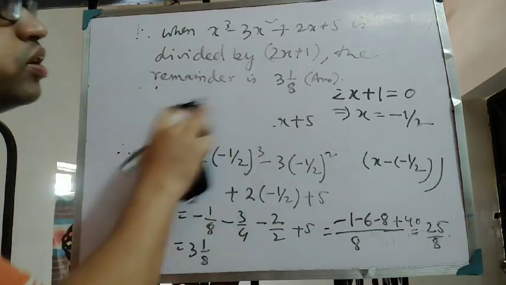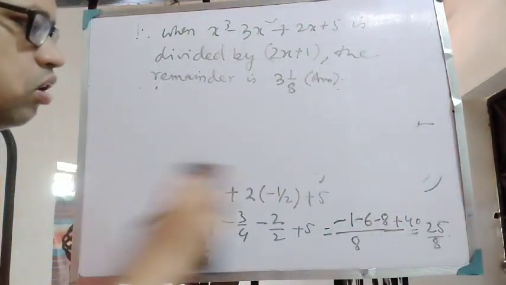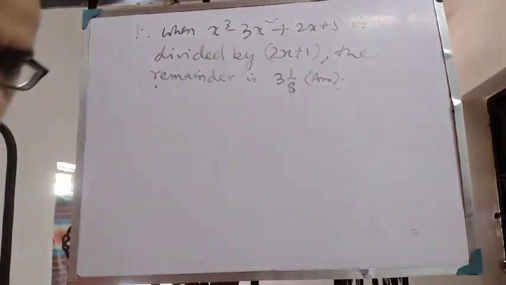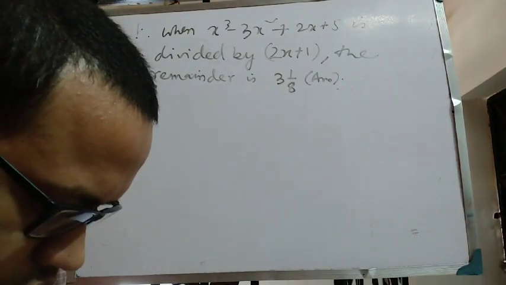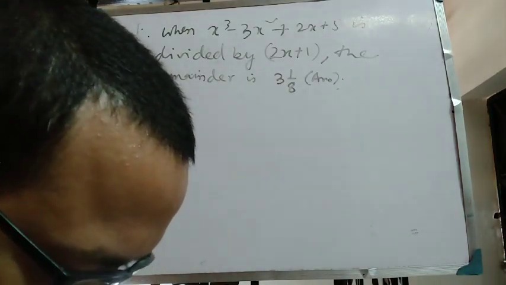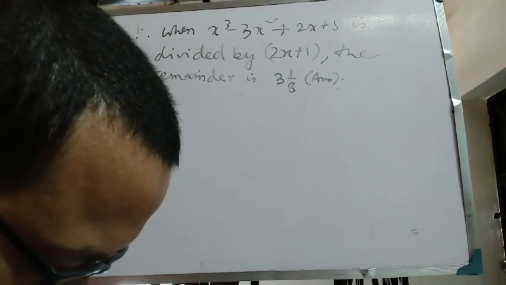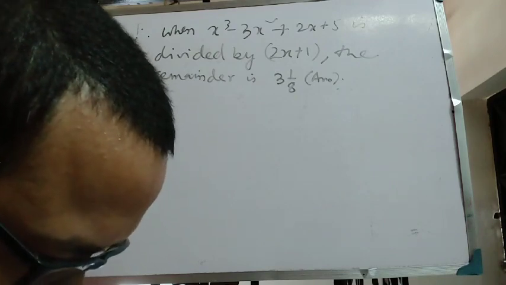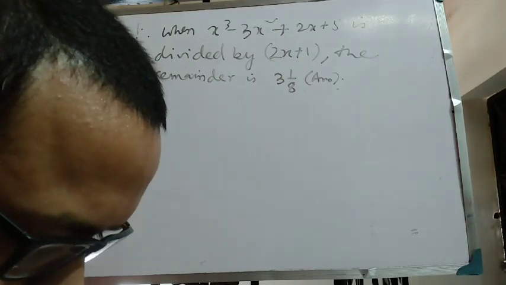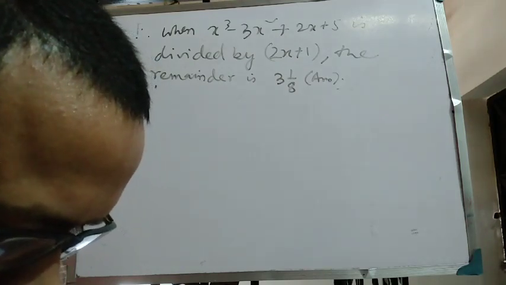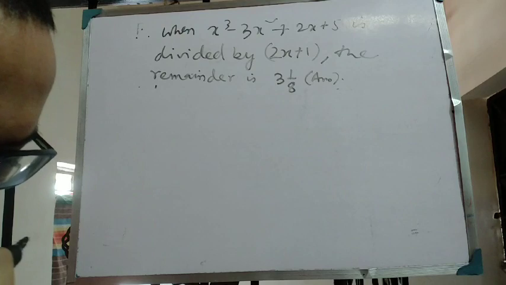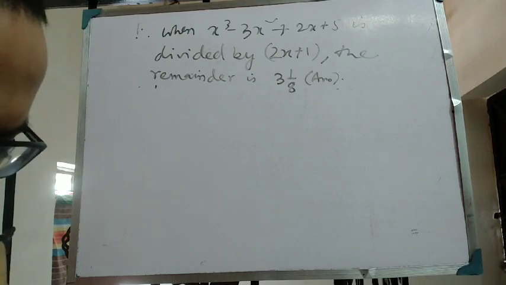Now I am going to discuss another problem from the exercise, which is problem number 4. This problem is from the factor theorem.